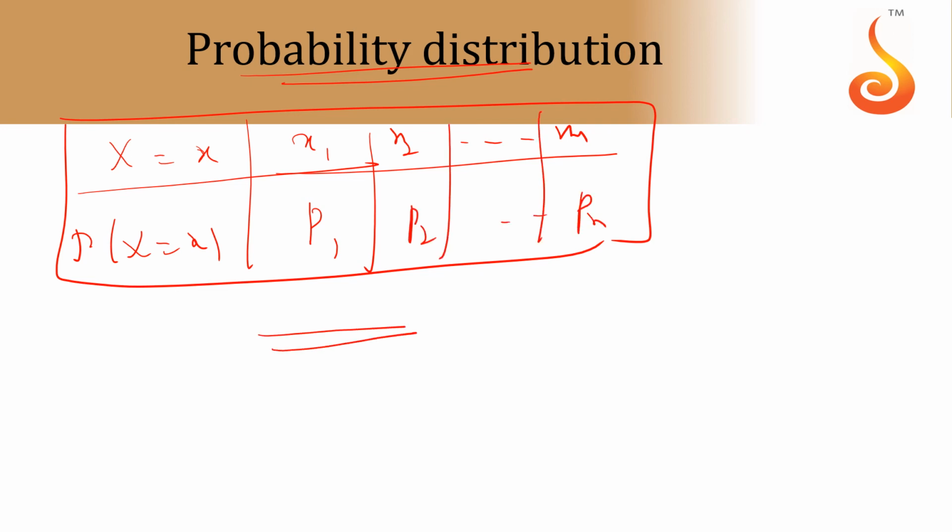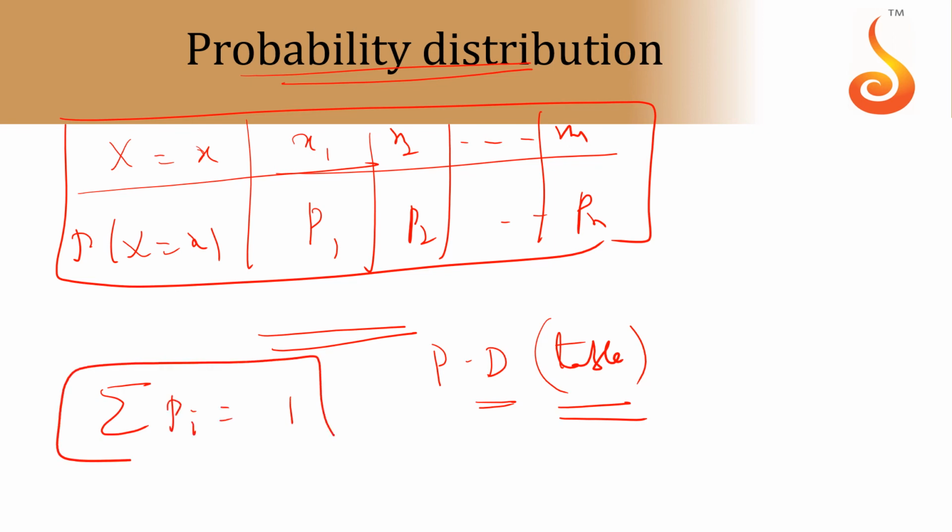So this table is called the probability distribution table. Actually the word table is not needed, so it is a probability distribution. Why distribution? If you see, the sum of all the probabilities should be 1. So the total probability 1 is distributed among the range of the random variable values.